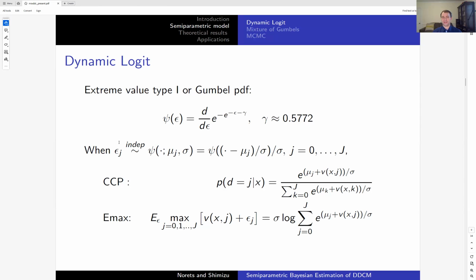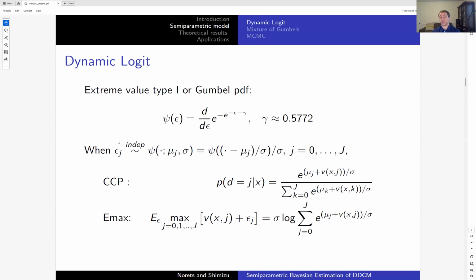So here is this extreme value type 1 distribution, or Gumbel distribution, for shocks. We're going to add this location and scale, but it doesn't change the convenient analytical properties of the extreme value.